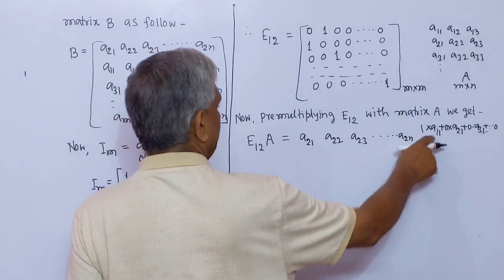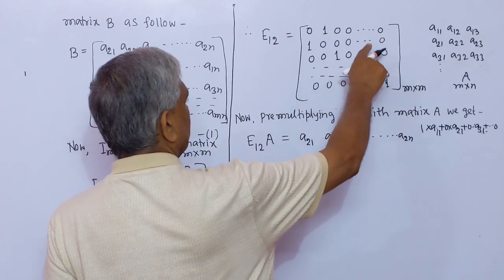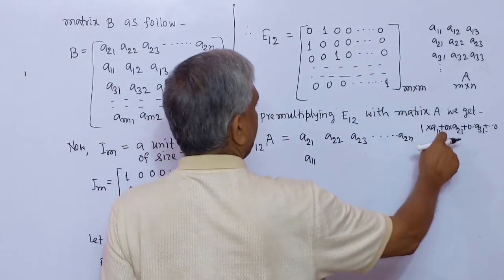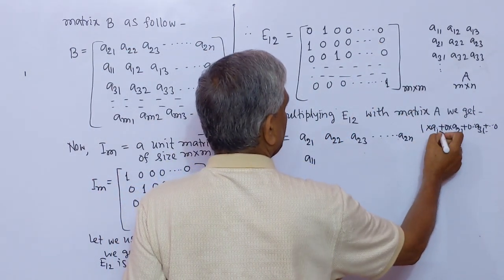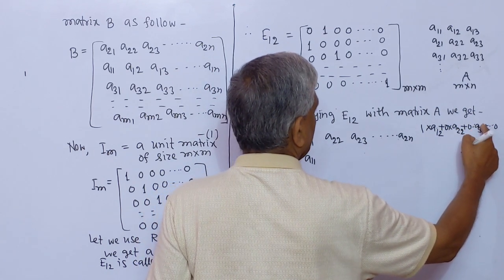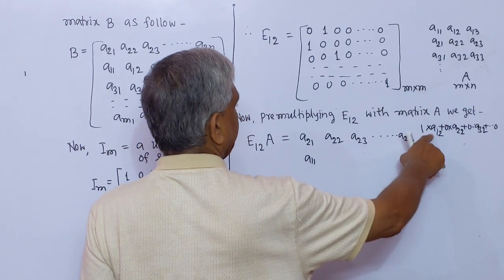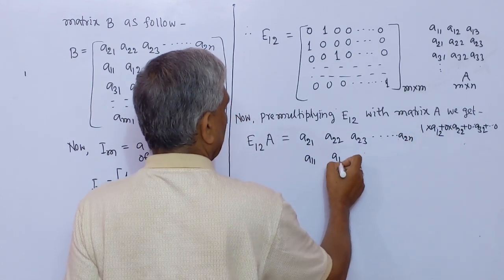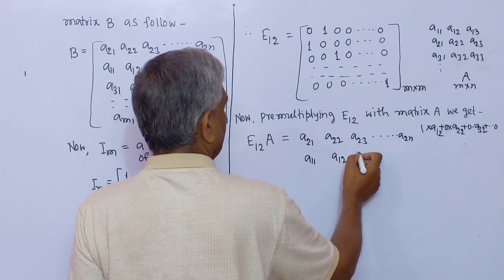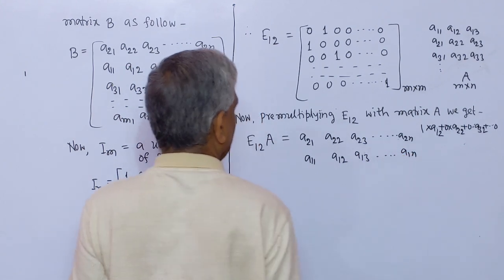So here we get A11. Now second row, second column, means here A12, here A22, here A32. So only we get A12. Similarly A13 dot dot dot dot A1n.